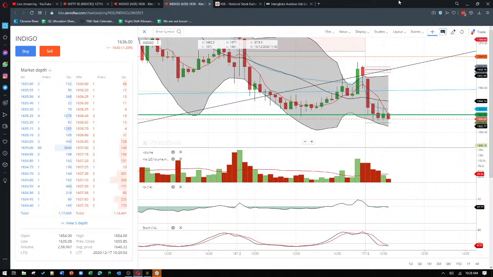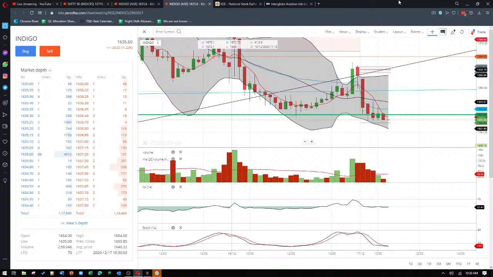Okay, so 1636 is eaten up already, and the last candle is a very full reddish candle, and the new candle just opened at the same price where it closed.